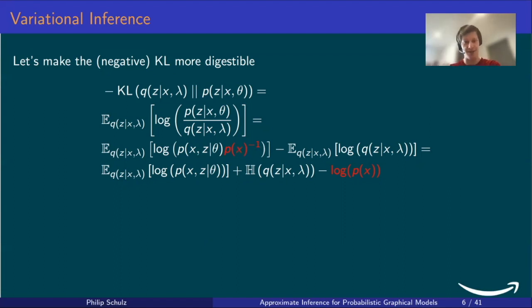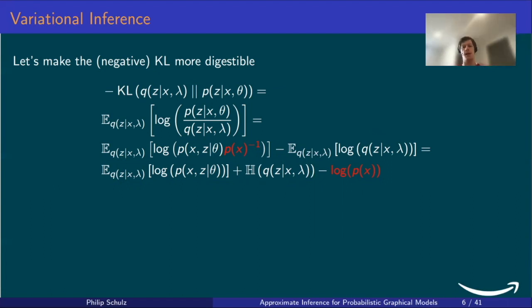We still have p(x), still can't compute it. So this expression here doesn't make our lives any easier. But what I can now actually do is, since p(x) does not depend on the measure of expectation, I can pull it out entirely, right? And also notice that here we have a negative expectation over the approximate posterior. And this negative expectation is really just the entropy of the posterior, right?